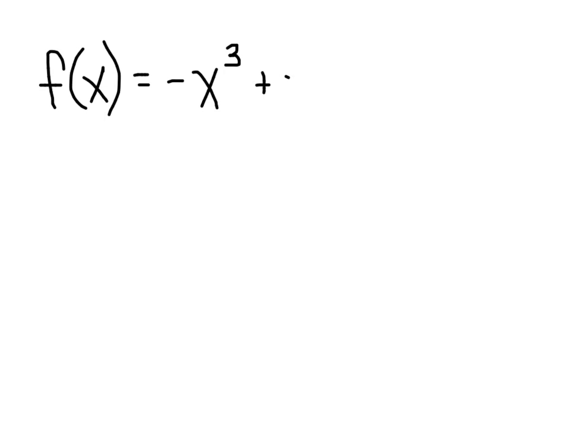Okay, so here's what it's going to say. It's going to give you a problem and it's going to say f of x equals negative x to the third plus x squared minus 7x to the fourth, and I want you to describe the end behavior.